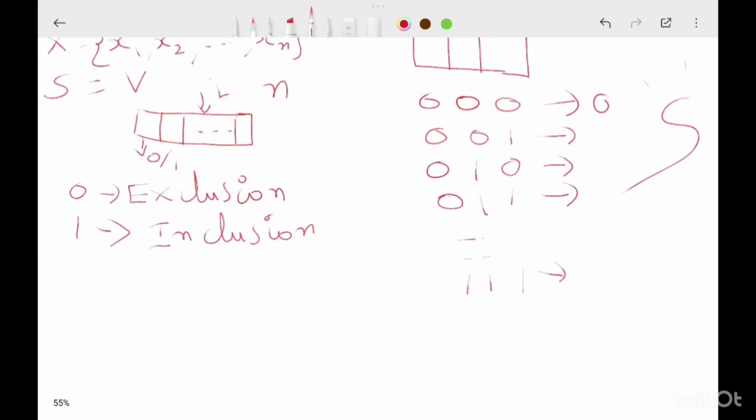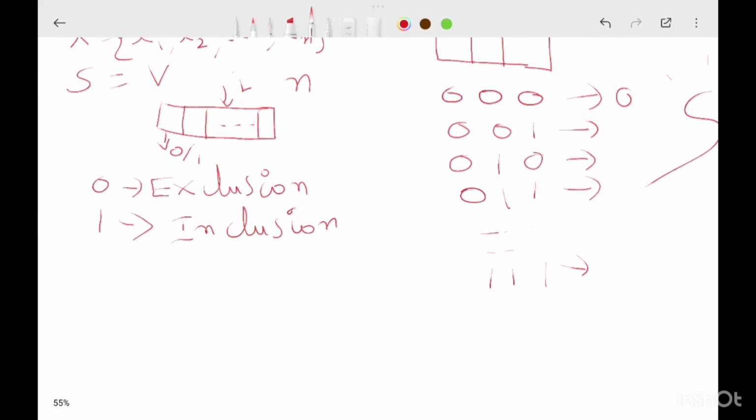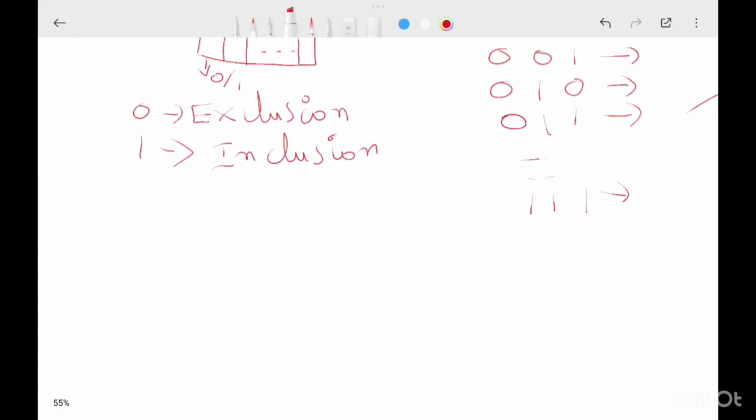So now if the input size is 3, there are 8 possible combinations of the output. In general, if the input size is n, there are 2 power n possible combinations of the output.